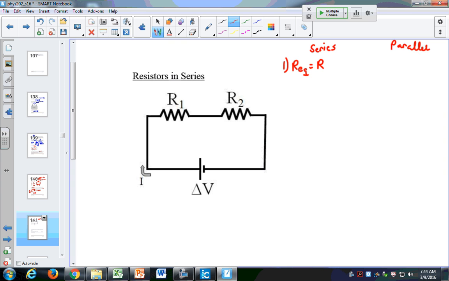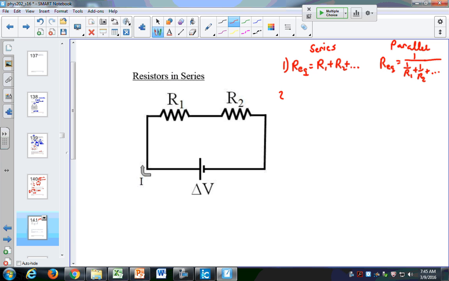For resistors in series, this is R1 plus R2 plus however many resistors I have. For resistors in parallel, the equivalent resistance is 1 over R1 plus 1 over R2 plus whatever I have. Now be careful, because these are switched from what they were for capacitors. If you remember for capacitors, this type of expression, the sum of the inverses, was for series. So these two are switched from what they were with capacitors.